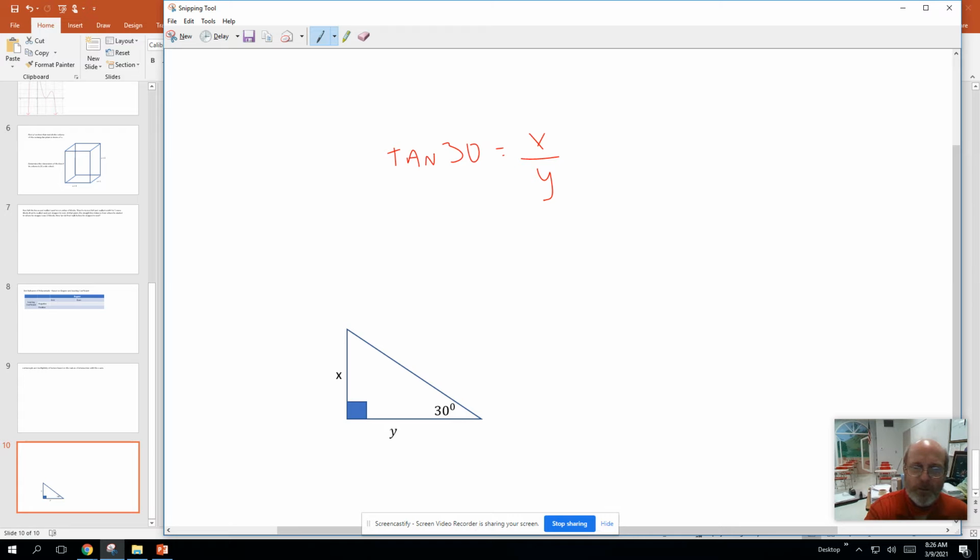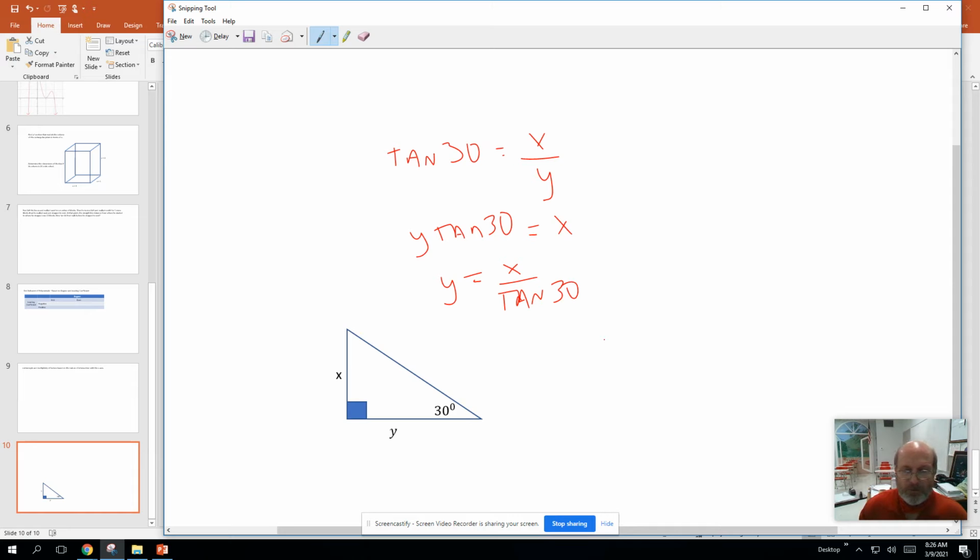And so we'll multiply both sides by y to get y tangent 30 equals x, and then divide both sides by tangent 30 to get the function y equals x over tangent 30. So if we plug in a length for x, it will return us a length for y.